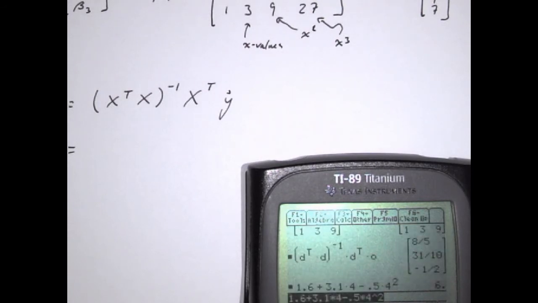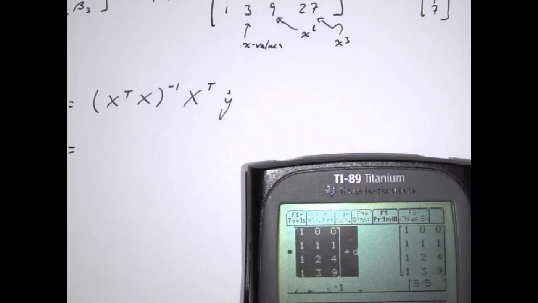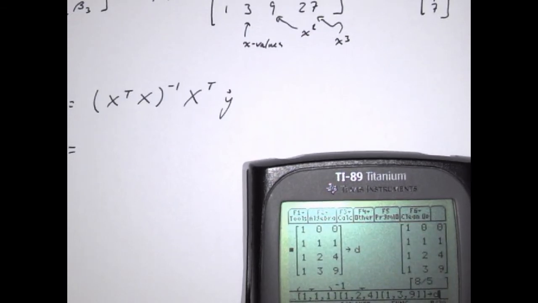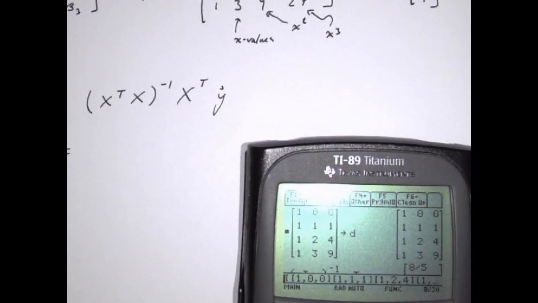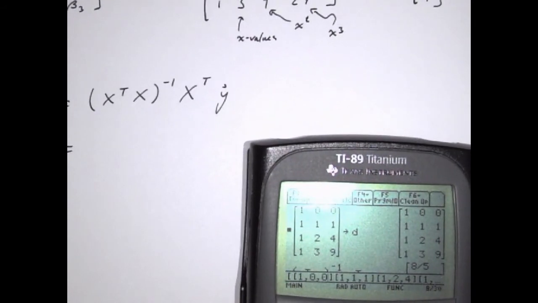Make sure you clear out the line you're on, otherwise it ends up putting it right after whatever was currently there. Second and left scrolls you all the way to the beginning, by the way. And I'm just going to put in the extra bit where there are the cubes of the x's. So 0 cubed is 0, 1 cubed is 1, 2 cubed is 8, and 3 cubed is 27.